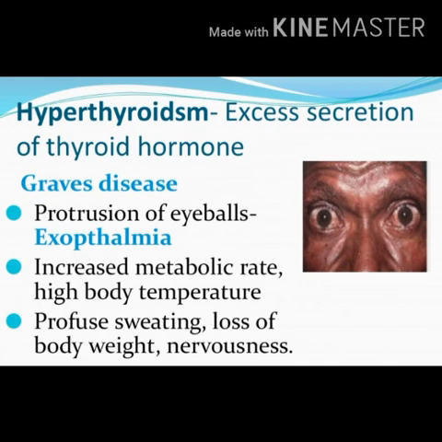Protrusion means the eyes look like they are coming out. Then there is increased metabolic rate, high body temperature, profuse sweating, loss of body weight and nervousness. Profuse sweating means continuous, excessive sweating, which will be there in people with hyperthyroidism.